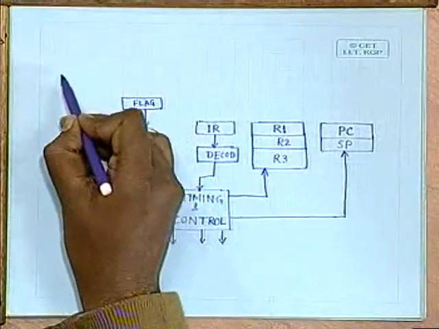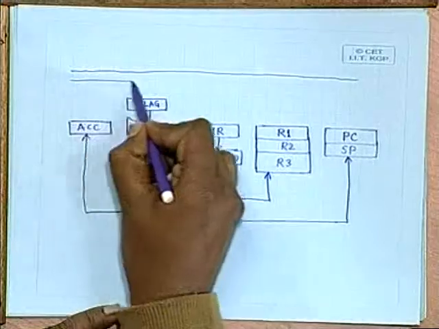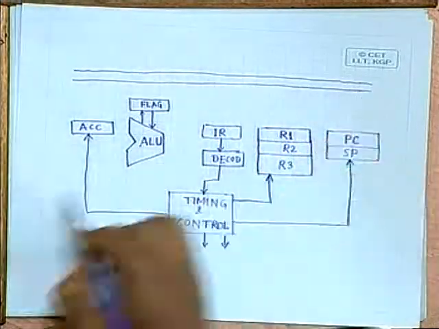Now, in addition to the resources, I also must have some agent which can move the data from one resource to another resource. So, I have to have a data path using which the data can be moved from one resource to another resource.